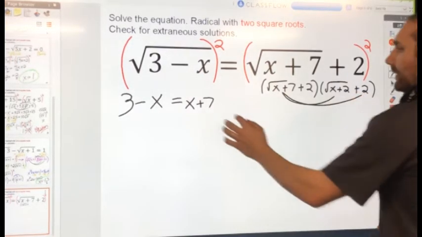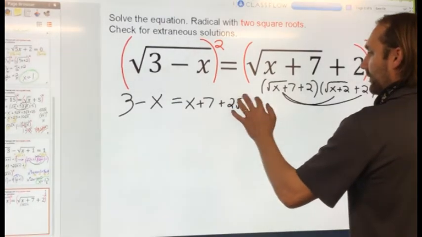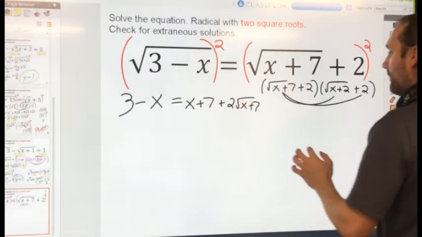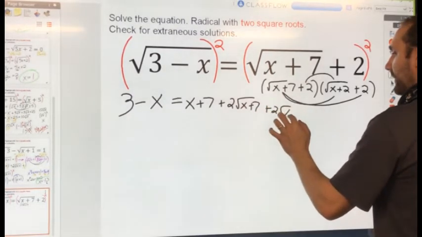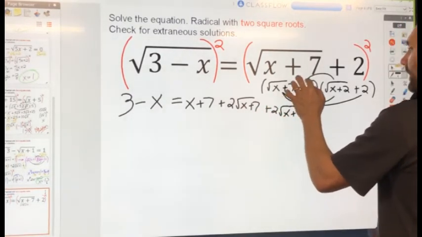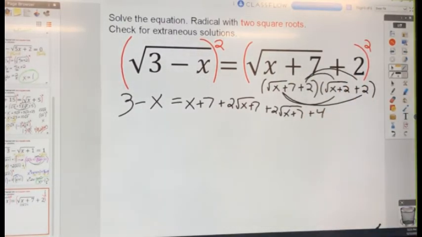Square root of x plus 7 times 2 is 2 square roots of x plus 7. Same thing when I multiply here, I get another 2 square roots of x plus 7. And then 2 times 2 is 4.